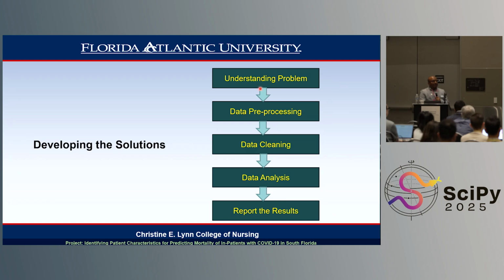The data was collected historically, previously, or you can say retrospectively. So this data was collected, and they want to see which patients are more susceptible to die when they have COVID. Then you do the data pre-processing and data cleaning. This part is very challenging. You should have domain knowledge on this, otherwise you cannot do that.